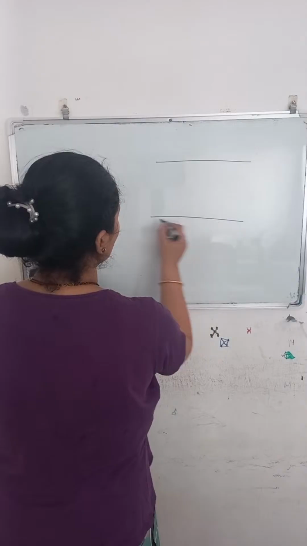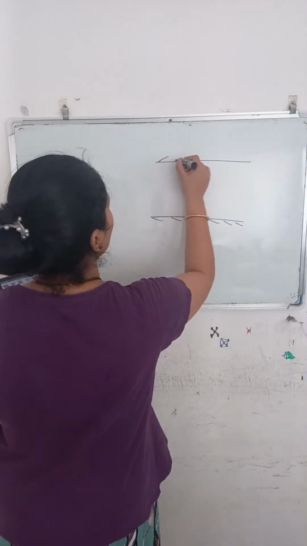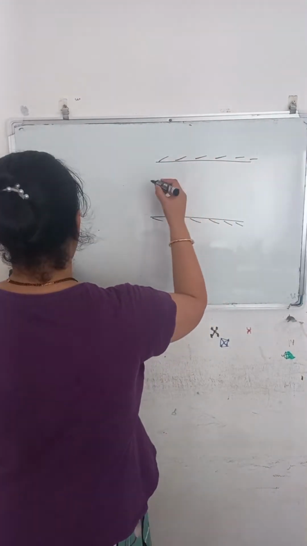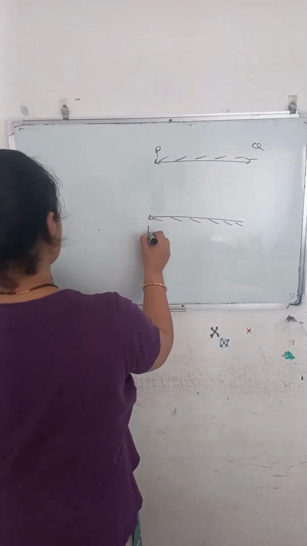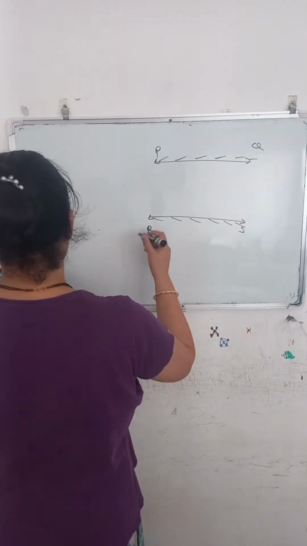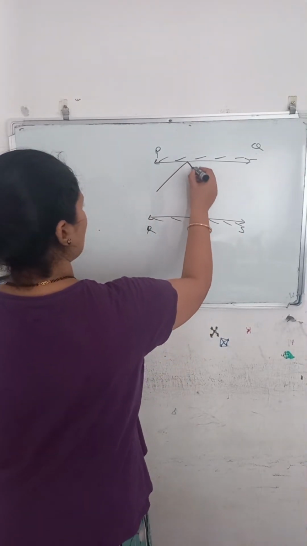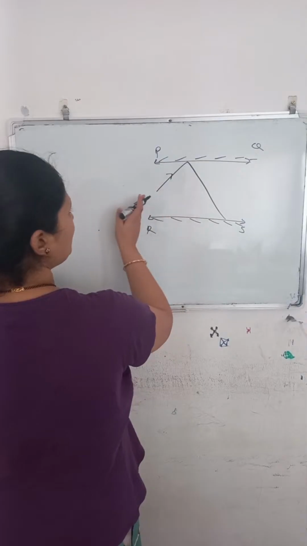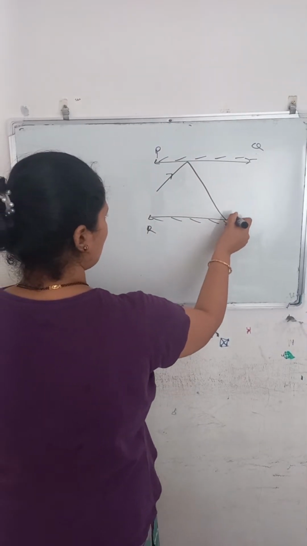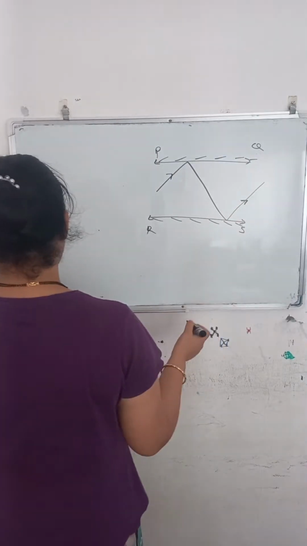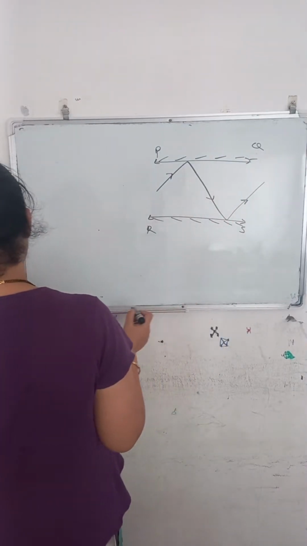Here there is a mirror, and this is PQ and this is RS. So now we can draw it like this. This incoming ray strikes and then it hits the second mirror, and this is what is reflected back. Like this we have the figure.